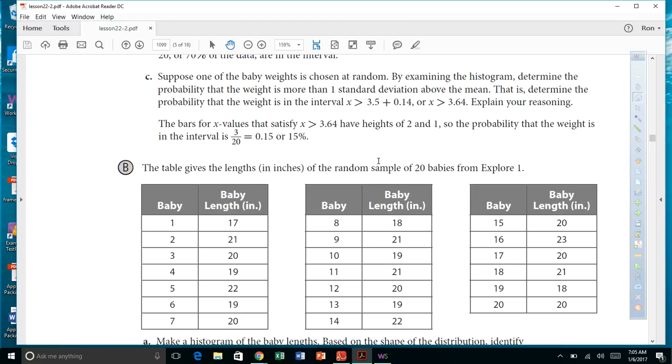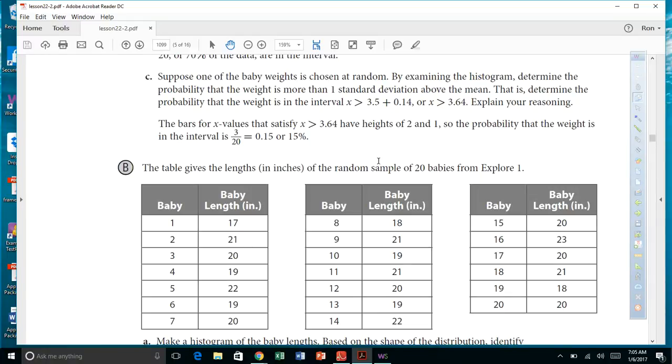Suppose one of the baby weights is chosen at random. By examining the histogram, determine the probability that the weight is more than one standard deviation above the mean. That is, determine the probability that the weight is in the interval x greater than 3.5 plus 0.14, or x greater than 3.64.